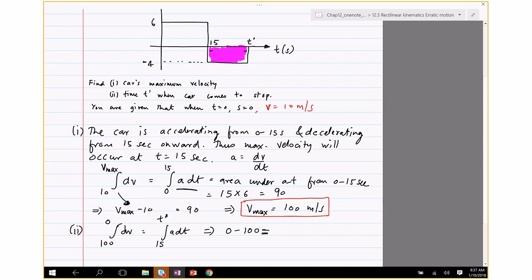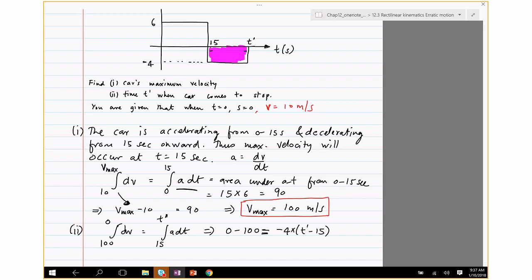That is also a rectangle, and the area is base times height. Sorry, I said half base times height, my bad. Base is t prime minus 15, and the height is minus 4. The area is actually negative.